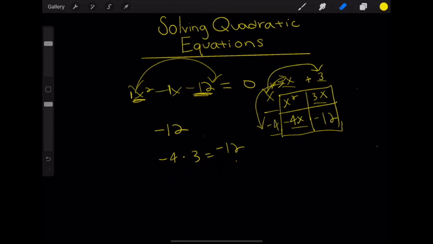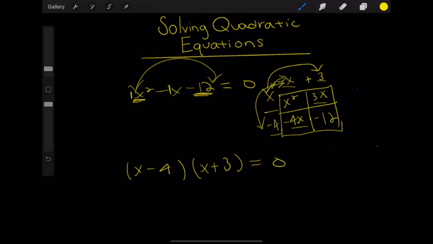So now I'm going to rewrite this. So you will have x minus 4 and x plus 3 equals 0. And if you FOIL this back, you will get this. And you can always do that to check your answer to make sure you did it right.